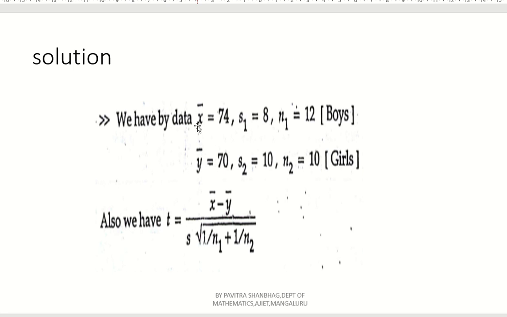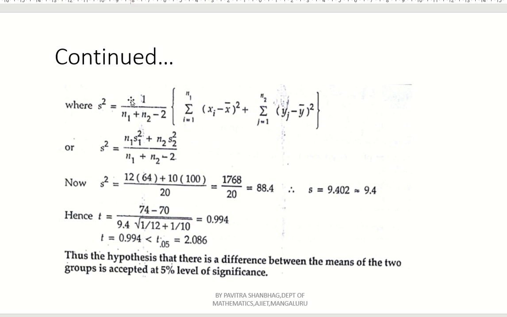They have given x bar, the mean, s1, the standard deviation, and n1, the number of observations for boys. Similarly, y bar represents the mean for girls, s2 the standard deviation for girls, and n2 the number of girls, right? So what is t in this case? Since there are two different data sets, we have to take x bar minus y bar divided by S into root of 1 by n1 plus 1 by n2.